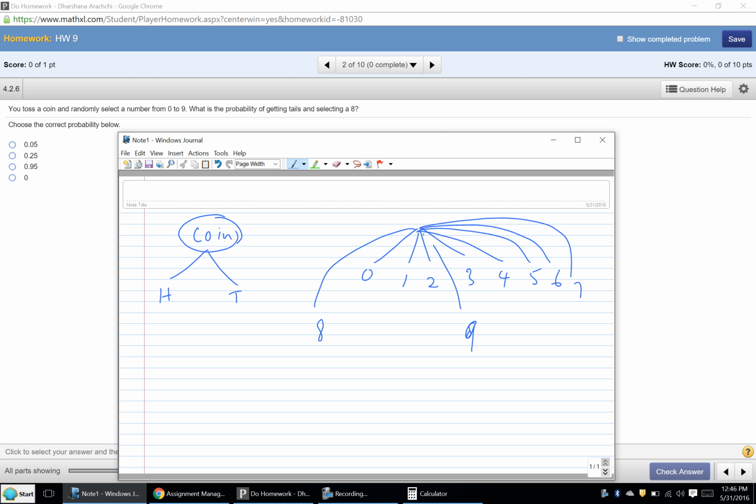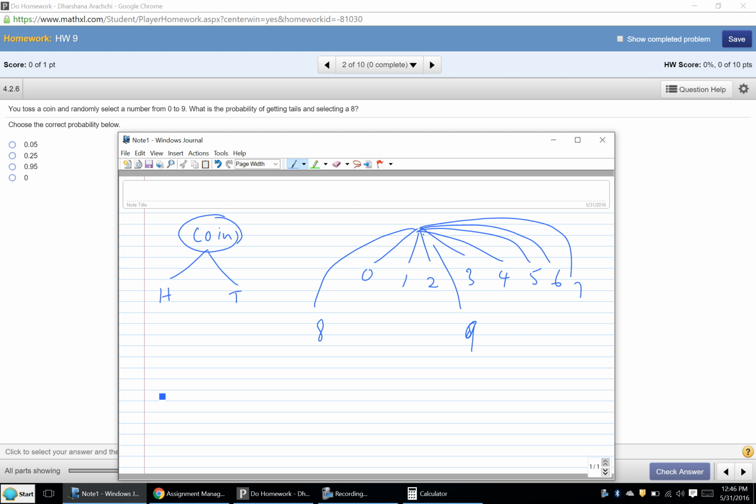The sample space consists of a set of all possible outcomes. Now what are the possible outcomes? What type of outcomes can you expect when you toss the coin and select a number from 0 to 9?